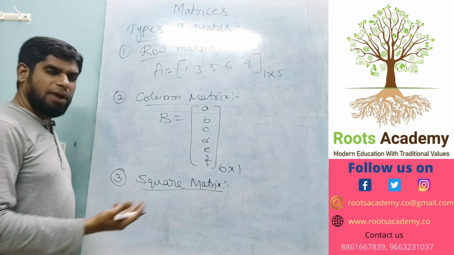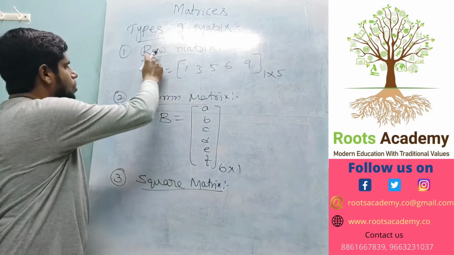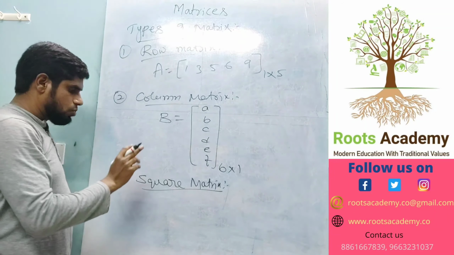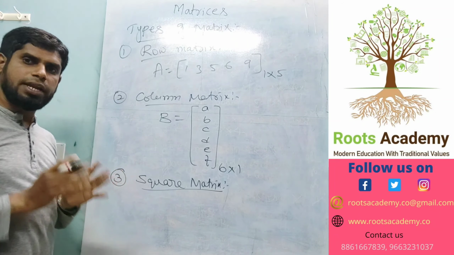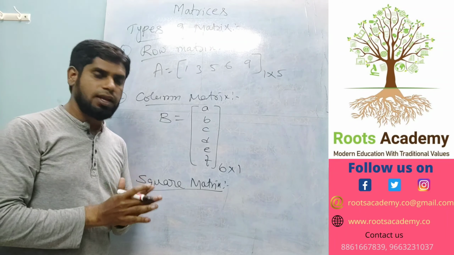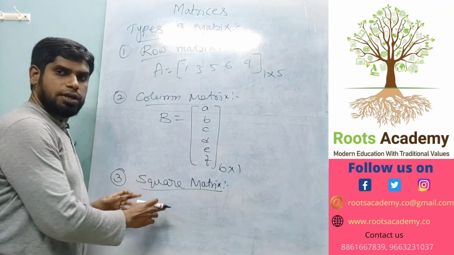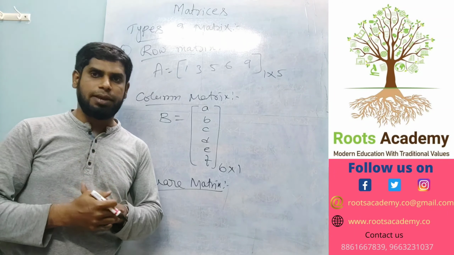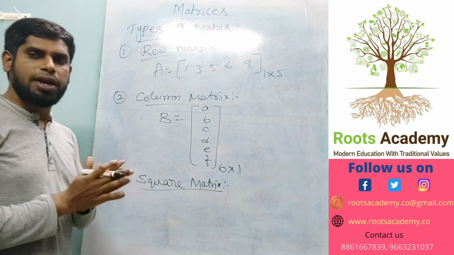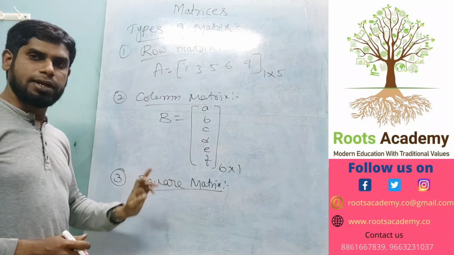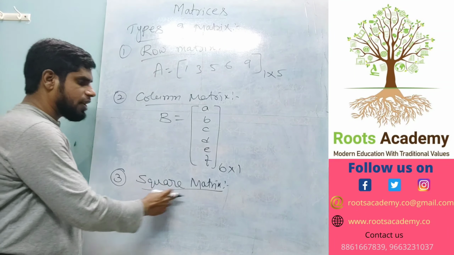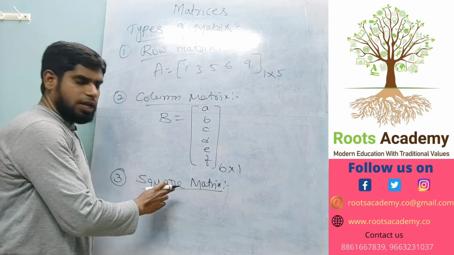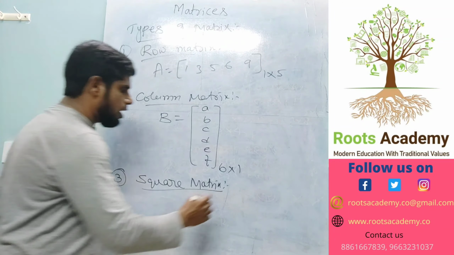In a matrix obviously there are only 2 things, rows and columns. So if you want to say any matrix is a square matrix, then the number of rows and the number of columns must be the same. Then those kinds of matrix are called square matrix, a matrix which is having an equal number of rows and columns.